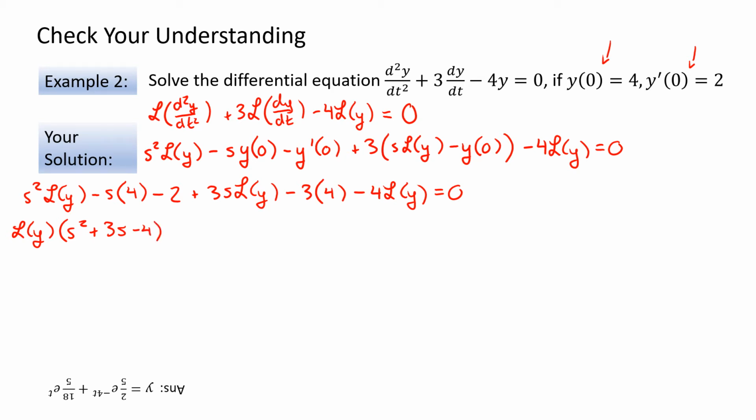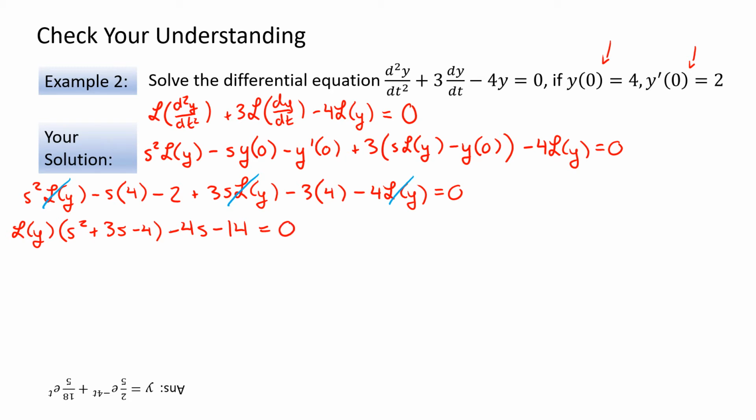And again, I like to cross these out just so that I don't miss anything. Next, we have minus the 4s term we have here, and then we have minus 2, minus 12. So we get minus 2 minus 12 is minus 14. And that's all equal to 0.